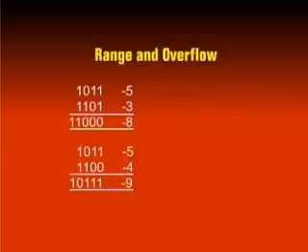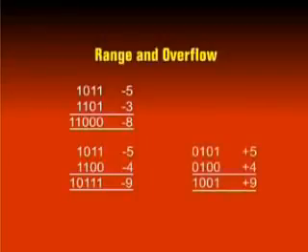Now if you observe the most significant bits of -5 and -4, they are both 1s. What do these bits indicate? The bits indicate that both the numbers are negative. So if you add 2 negative numbers, the result should be negative. But in this particular case, you see a 0 as the sign bit for -9, which is incorrect.